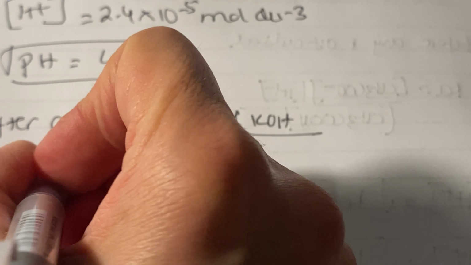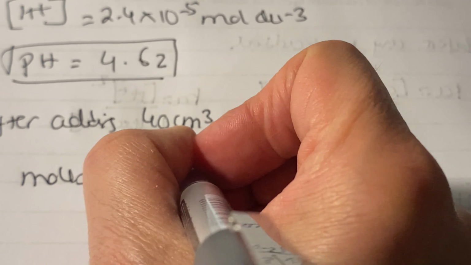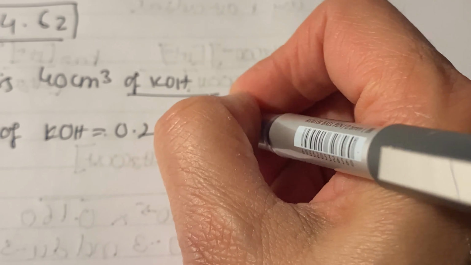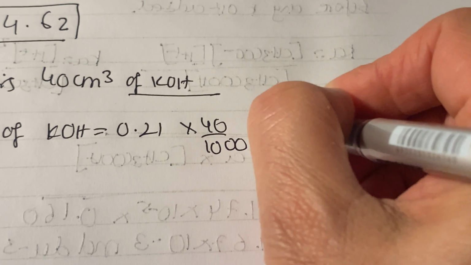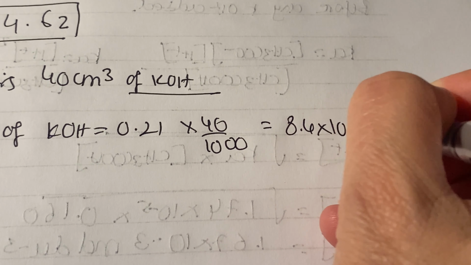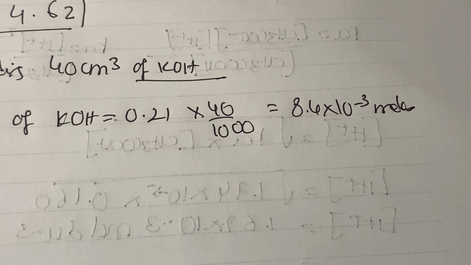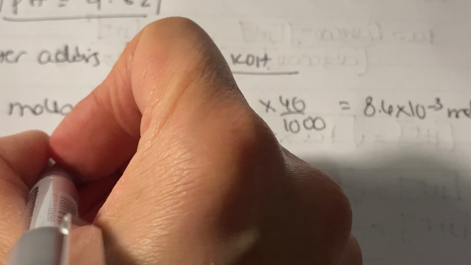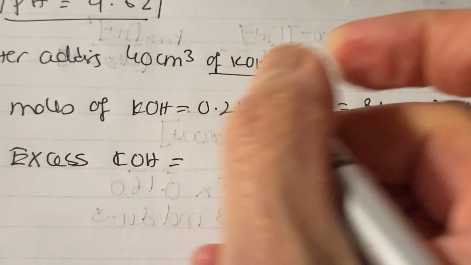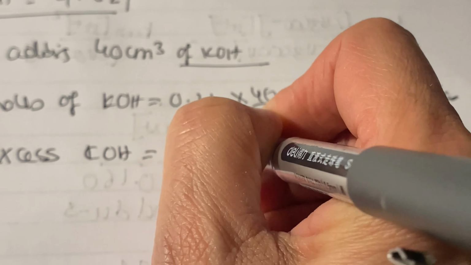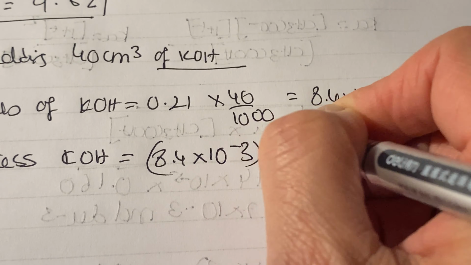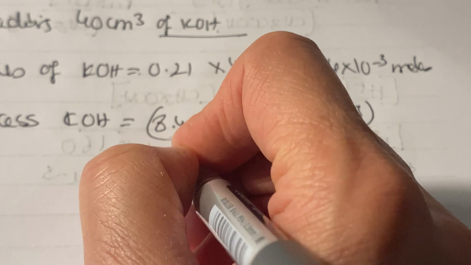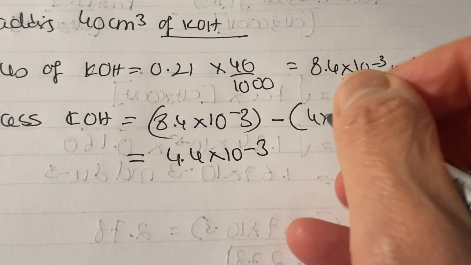You've got to work out the moles of potassium hydroxide, which is 0.21 times 40 divided by 1000, which is 8.4 × 10^-3 moles. Then because you react the hydroxide with your acid, wherever is left is excess potassium hydroxide, which will be 8.4 × 10^-3 minus 4 × 10^-3, the moles of your acid, giving you 4.4 × 10^-3 moles.